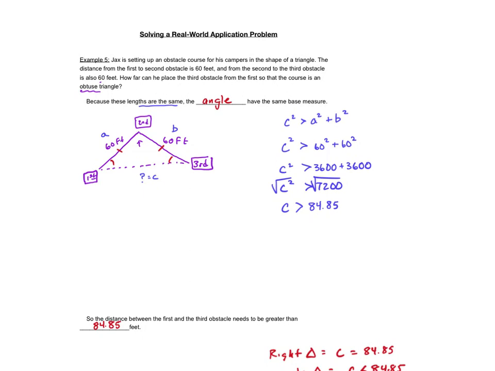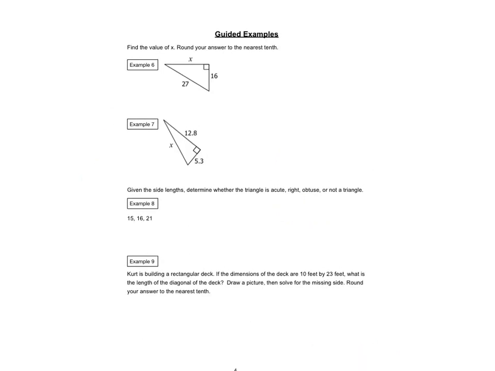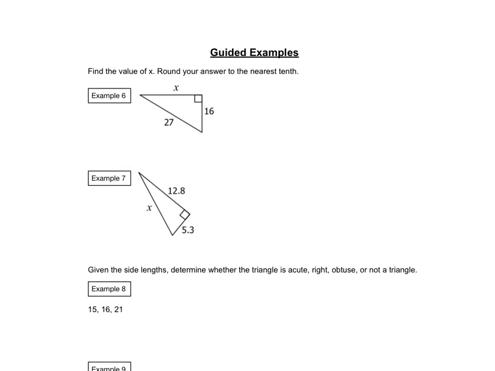So as we look here at a couple more examples that we'll also go over in class, I want to find the value of x here on example number 6. Okay, example number 6, and it says round to the nearest tenth. So let me see here. Looking at this, I do have a right triangle, so I should be able to use the Pythagorean Theorem to find this missing side.